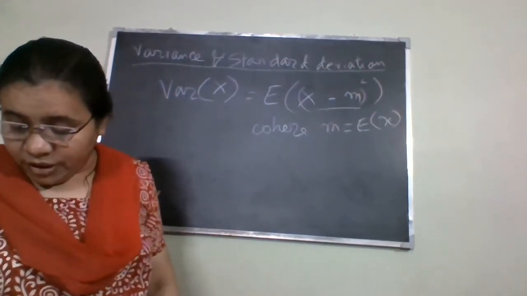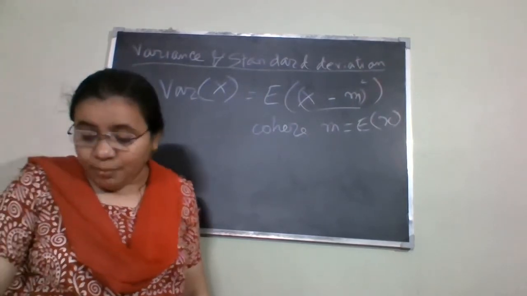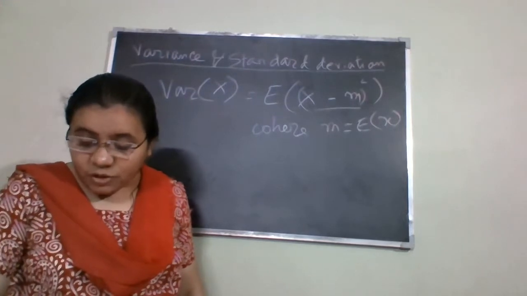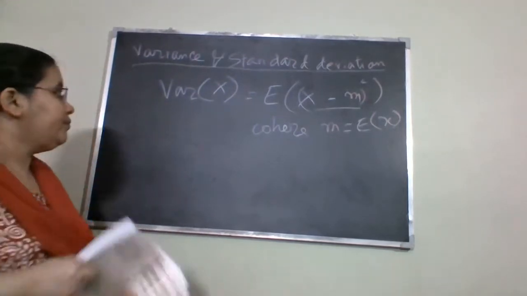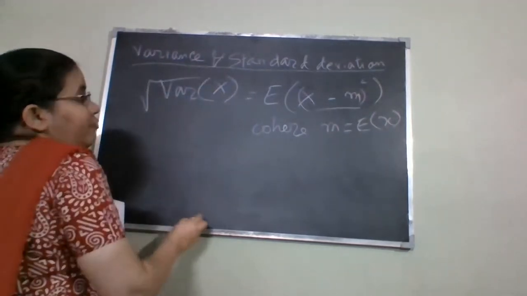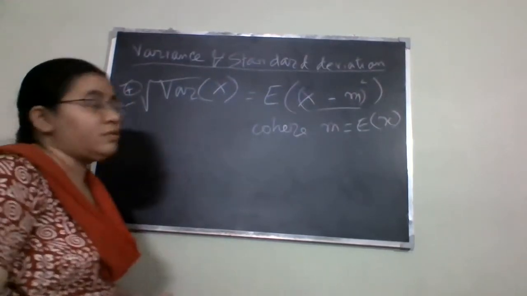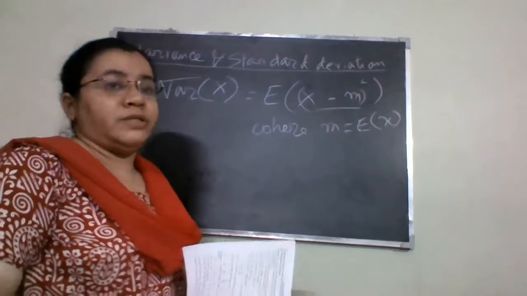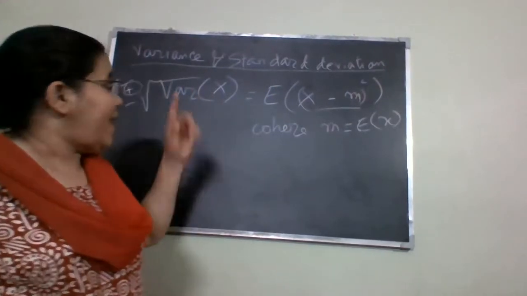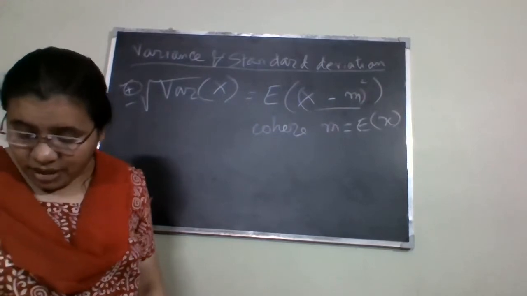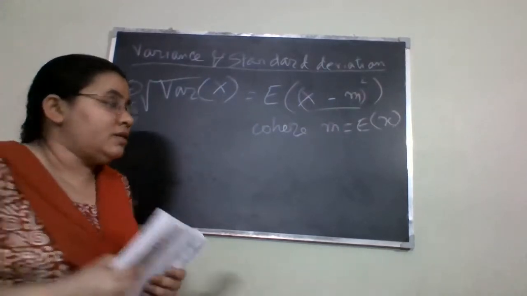And what is the definition of standard deviation? The positive square root of var X, page number 69 again. If you take the square root of var X, you get positive and negative values. We just choose the positive value. The positive value of the square root of var X is called the standard deviation, SD, of X, and it is denoted like this.